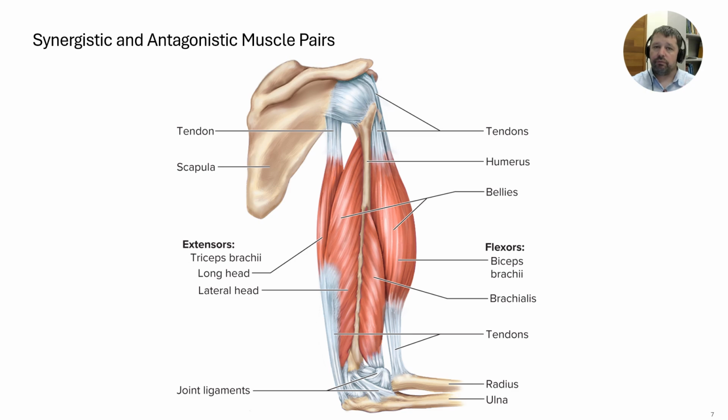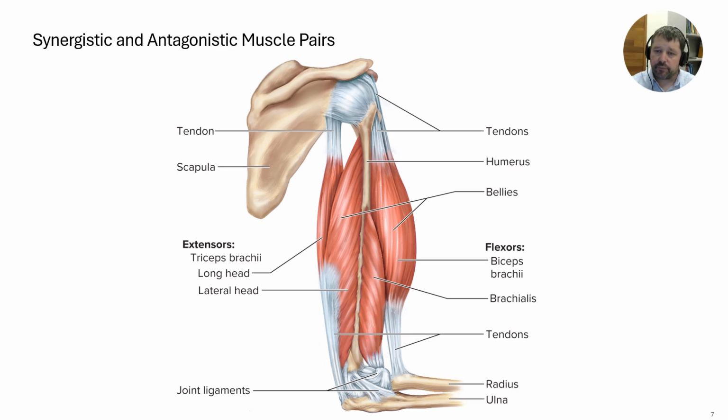So muscles are paired up in a way that one muscle will flex or contract while the other one relaxes, and then vice versa in the opposite motion.